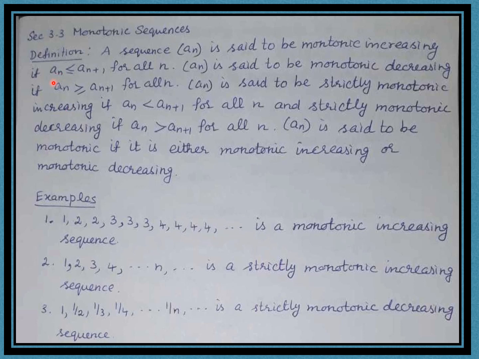So here an is less than or equal to an plus 1. But we say an is strictly monotonic increasing if an is strictly less than an plus 1.